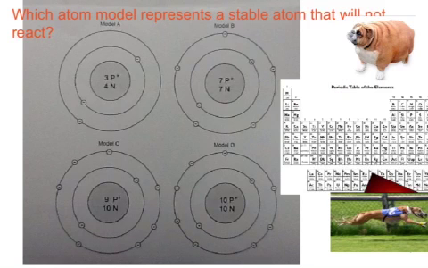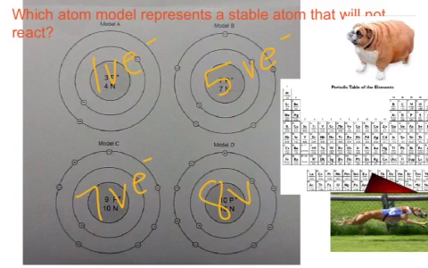So, in looking at these models, A, B, C, and D, and knowing that model A has 1 valence electron, model B has 5, model C has 7, and model D has 8 valence electrons, which one is the most stable atom?